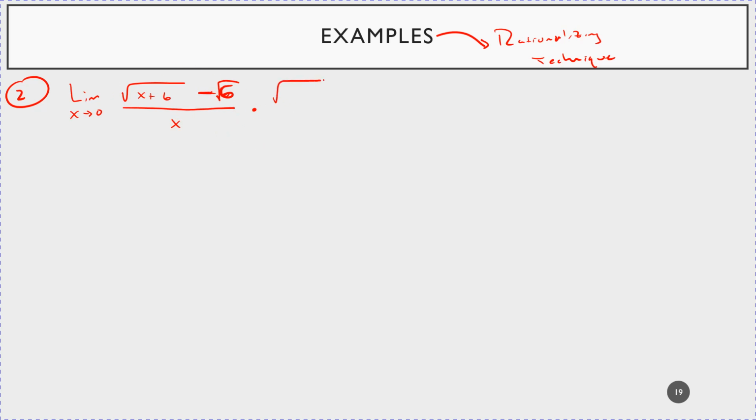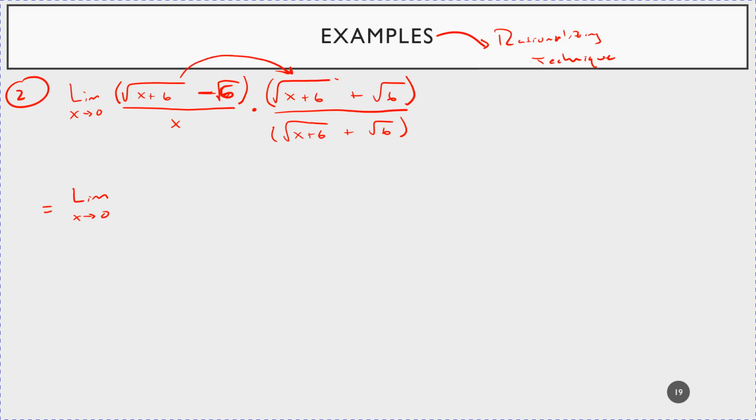So I'm going to multiply by the square root of x plus 6 plus the square root of 6, divided by, so remember you can only multiply by 1, right? So the square root of x plus 6 plus the square root of 6. All right, so the limit as x goes to 0. Okay, so remember when you FOIL conjugates, you only need to do the F and the L. So square root of x plus 6 times square root of x plus 6 becomes the square root of x plus 6 quantity squared, which is just x plus 6.